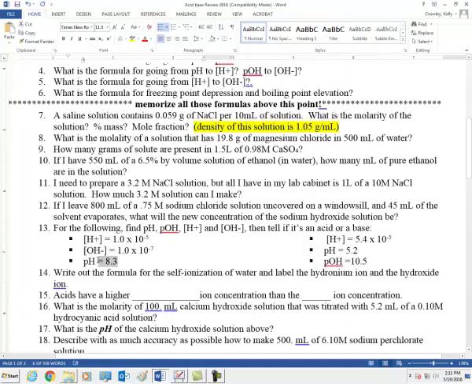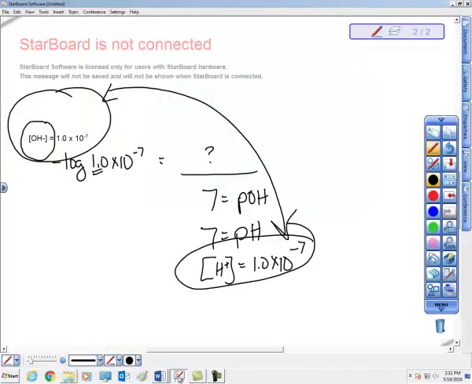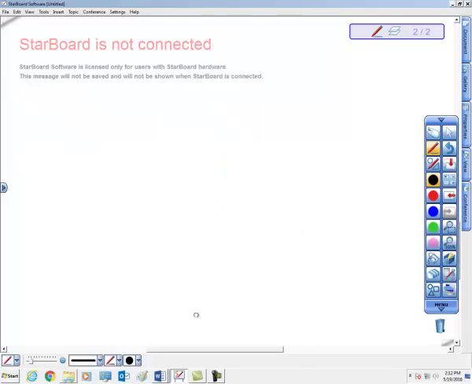All right, we'll do this one next. Let's do it. This time you have pH. And notice that it is not a whole number. We do have a little decimal there.